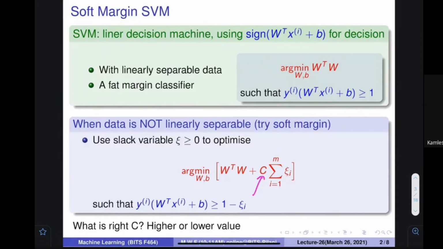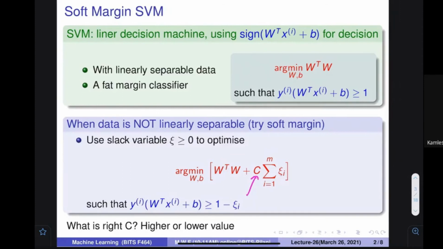Make sense? So this is called the soft margin SVM.